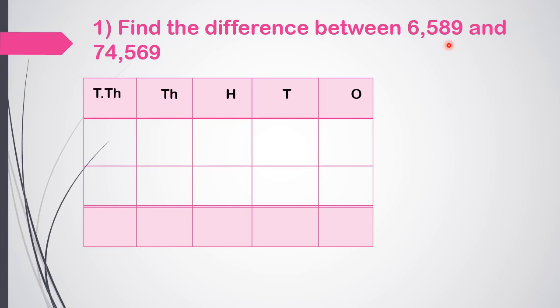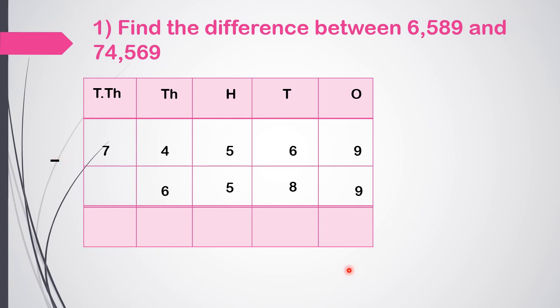Now we write the bigger number, 74,569, according to their place values. Now write the smaller number according to their place values. Here the place value of 6 is thousands, isn't it? So we have to start from the thousands column. 6,589. Then the subtraction symbol.